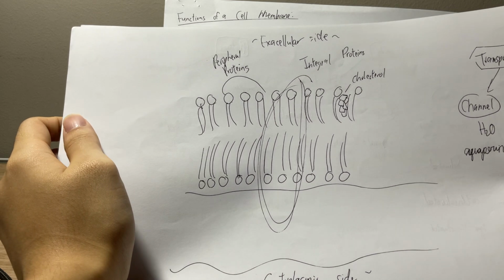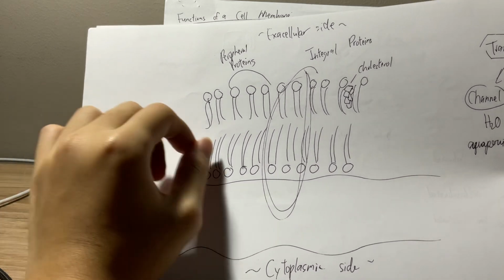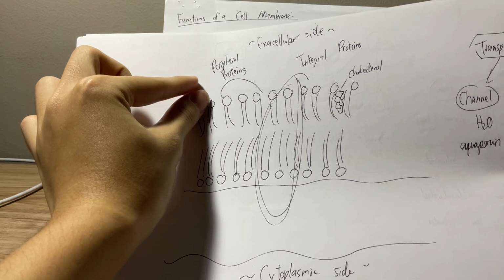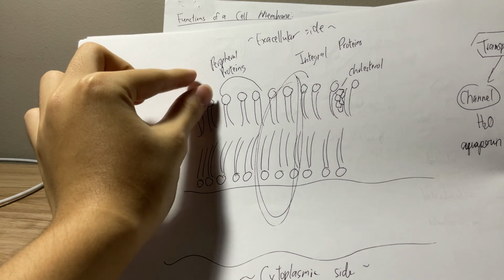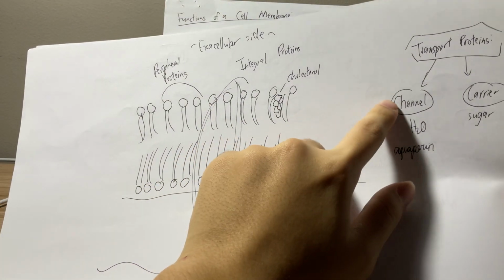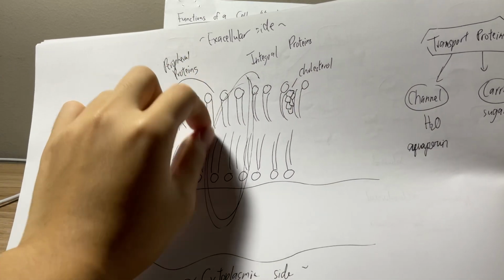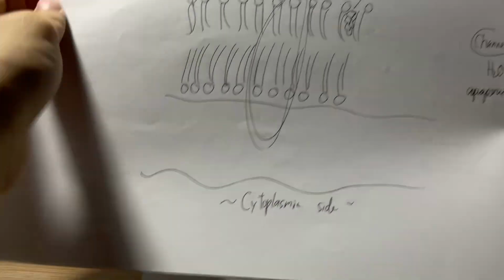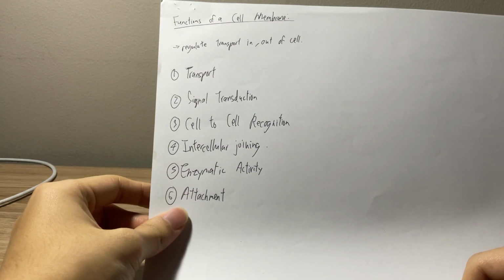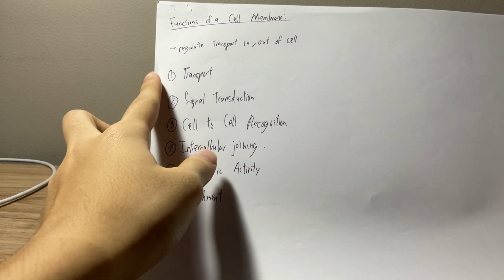ATP is used. If it's passive, for example, you want to transport water, a water molecule, let's say it's going in, it only needs a specific transport protein, and I think that's called channel. This could be used for passive transport. But yeah, the process is slow. That's what makes it different. Okay. So that's for the first function.